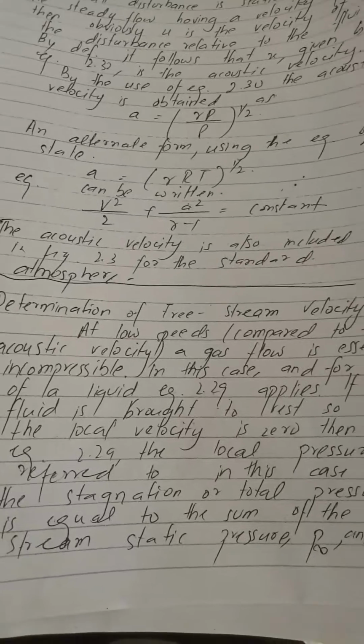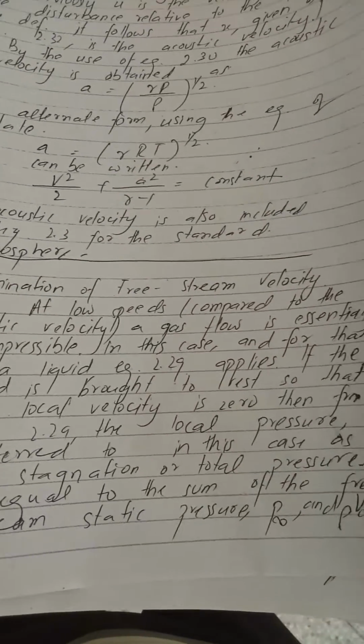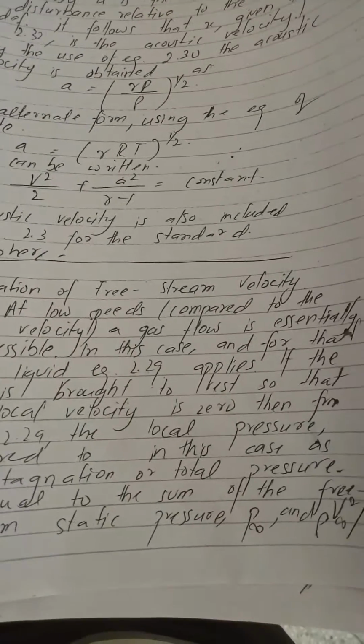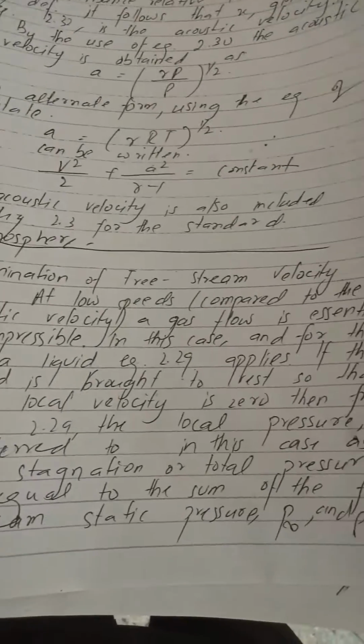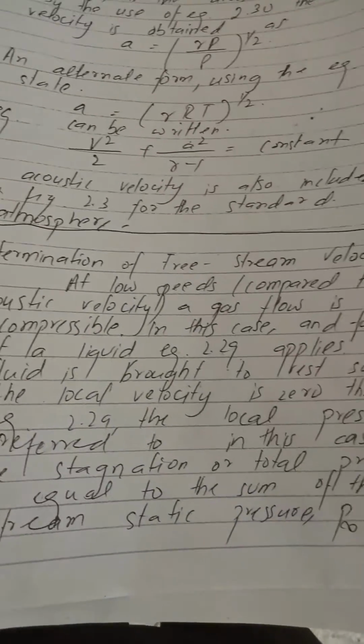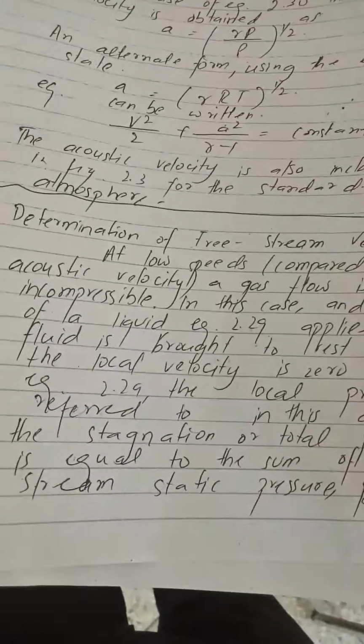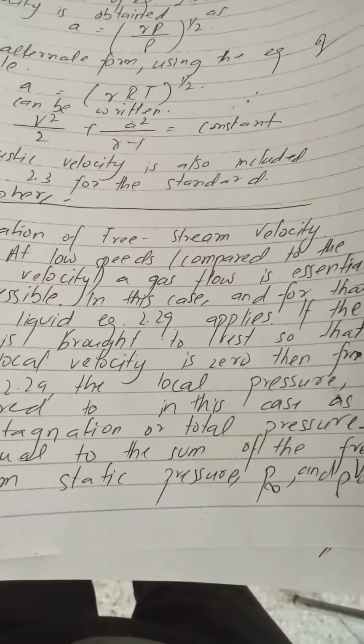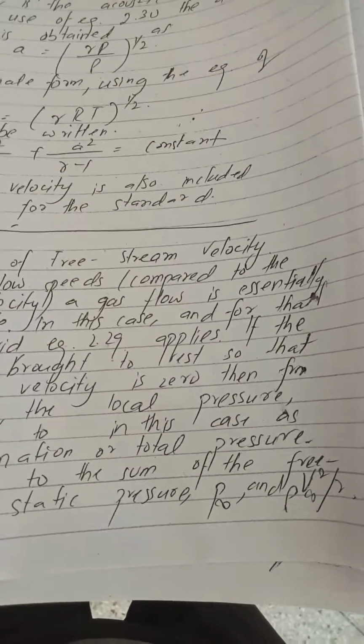Then from the equation, the local pressure, referred to in this case as the stagnation or total pressure, is equal to the sum of the free stream static pressure p infinity and half rho V infinity squared. This is how you're going to deal with it.